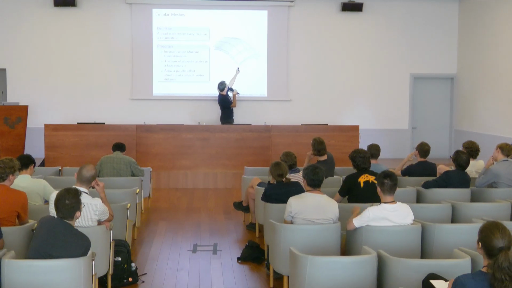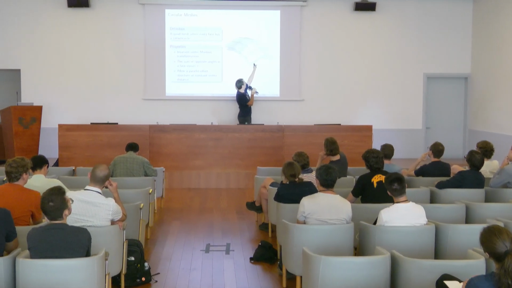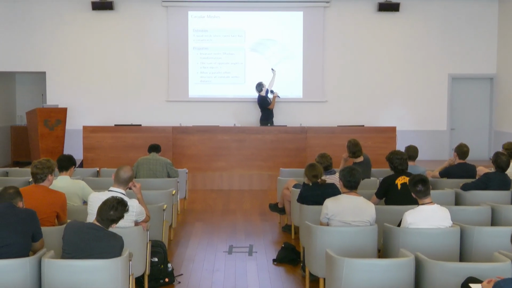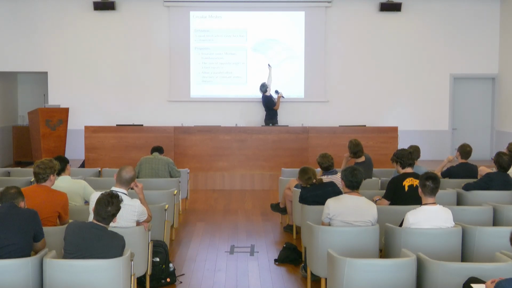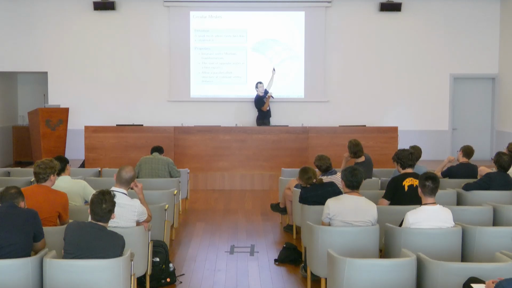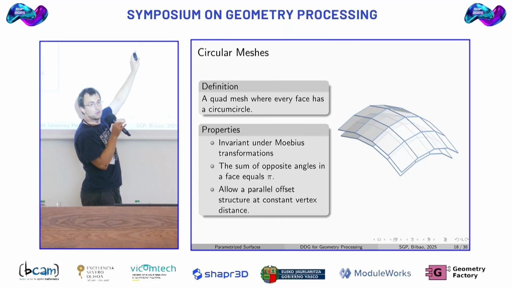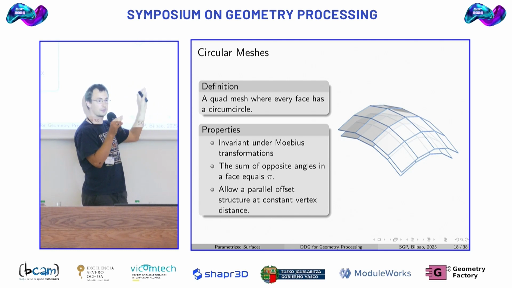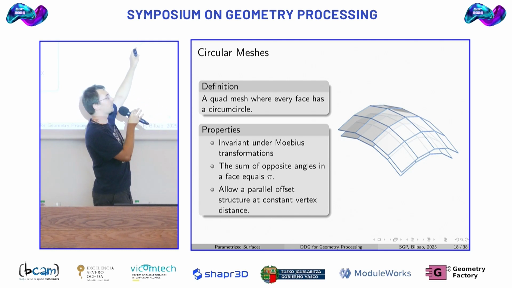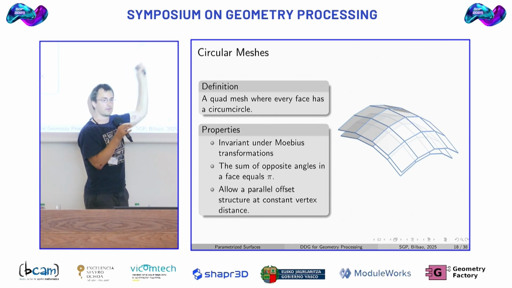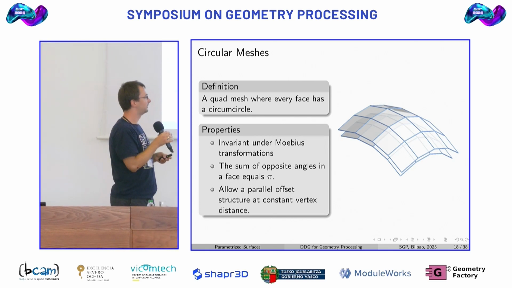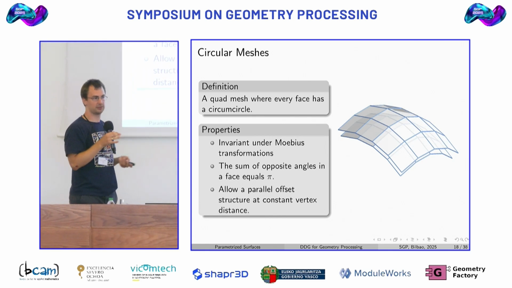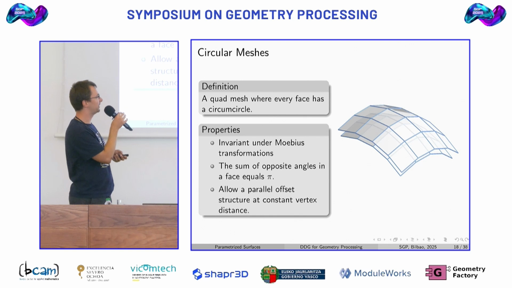So you start on this vertex, and there's a bisecting plane on this edge, and you reflect it. And you reflect again, and you can reflect again, and this will give you the same normal as the one with which you started. This only works for circular meshes, but in circular meshes this works. So you can start with one normal, iterate over the entire mesh, and you get your normals with the desired property.